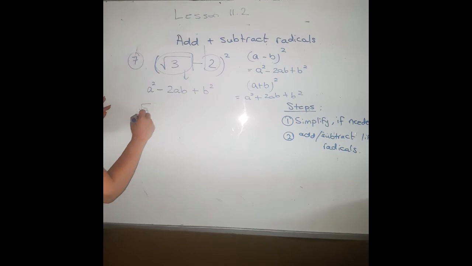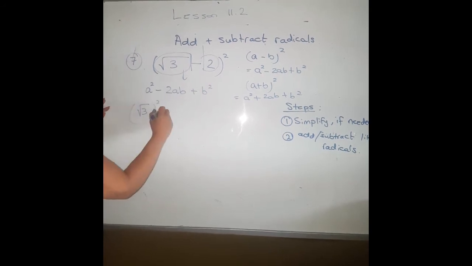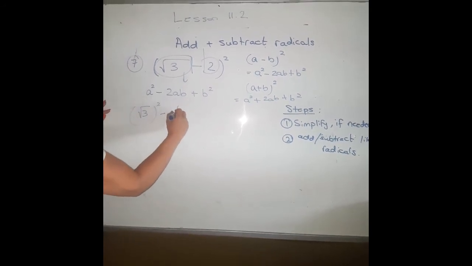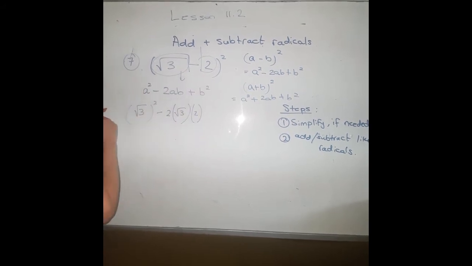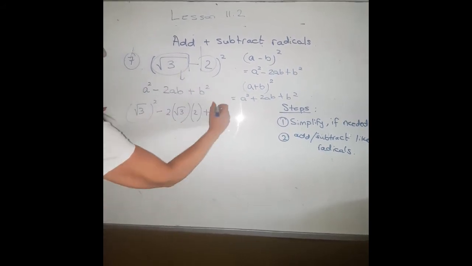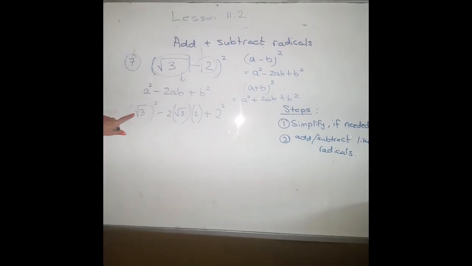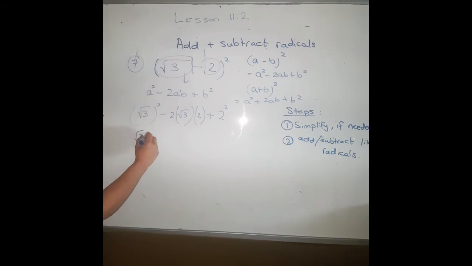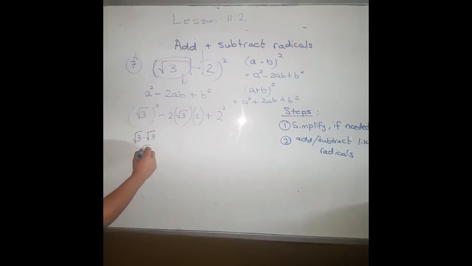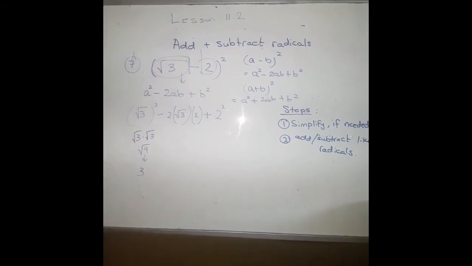So it's radical 3 to the second power minus 2 times radical 3 times 2, don't use your signs, plus b to the second power. Radical 3 to the second power is radical 3 times radical 3, which is radical 9, which is actually 3.